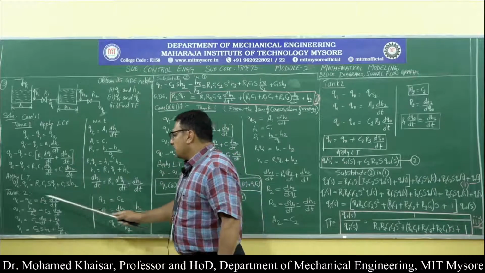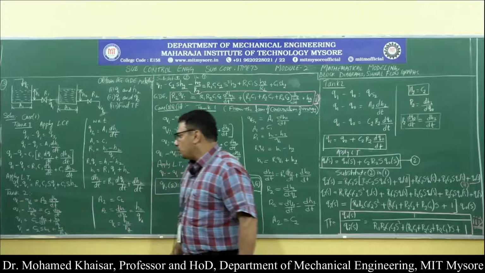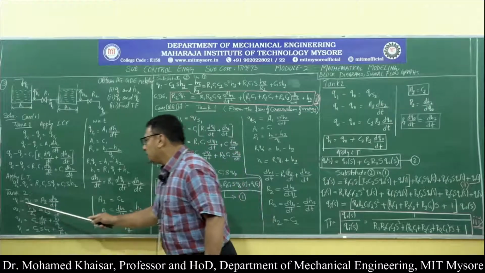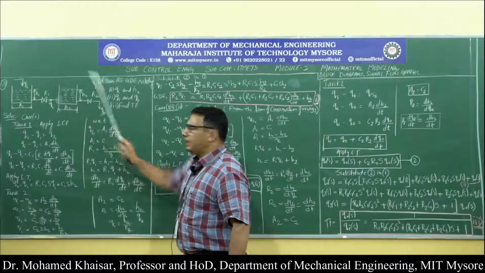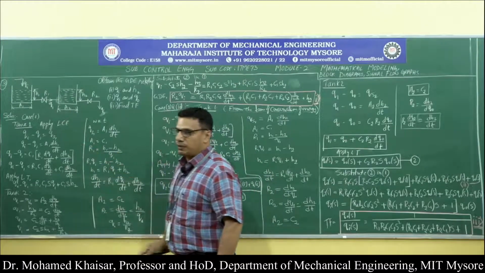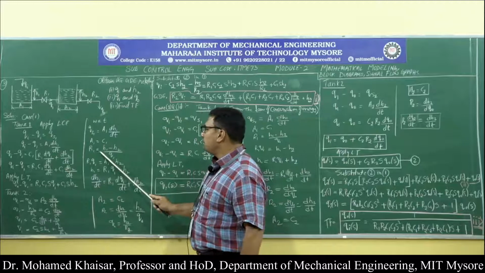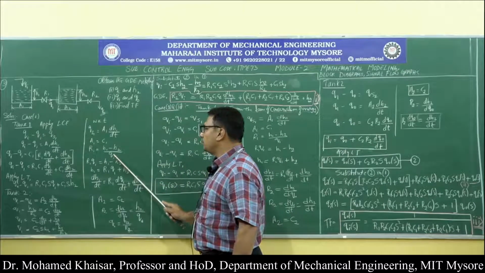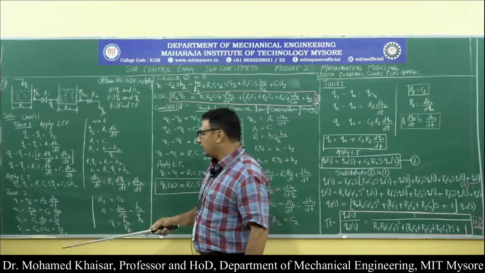Now let us come to tank 2. Tank 2 is just like any simple tank. Here the problem of resistance equal to (H1 minus H2) by Q1 for tank 1 does not come into picture.